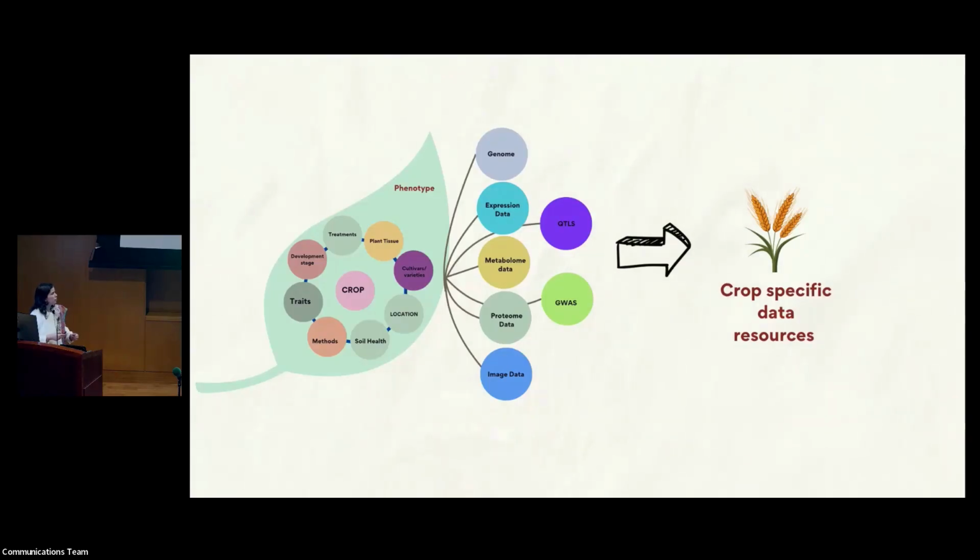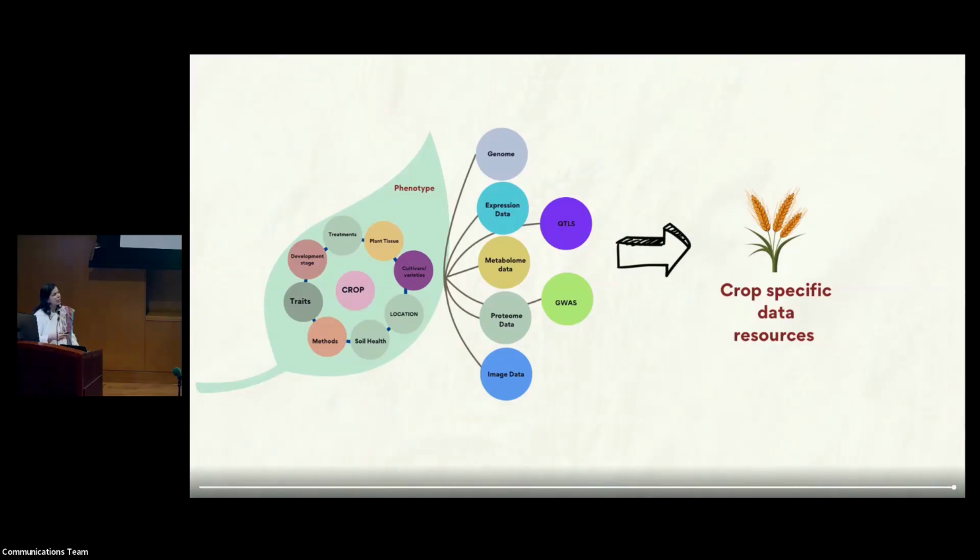So in future, going forward, we want to analyze this data in light of the other data that we have in different portals, because for many of the mission mode projects, we already have genome sequencing data in another portal. So we wish to create a resource that is specific to different crops.